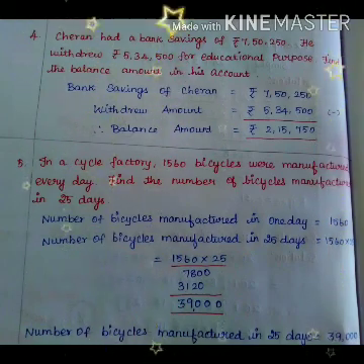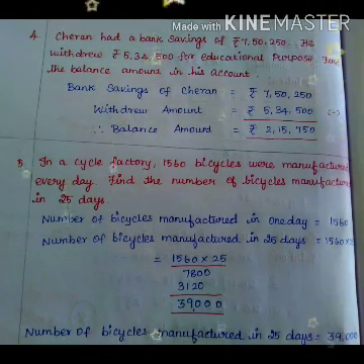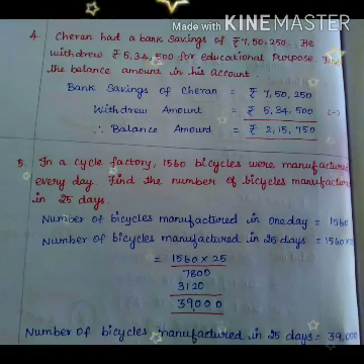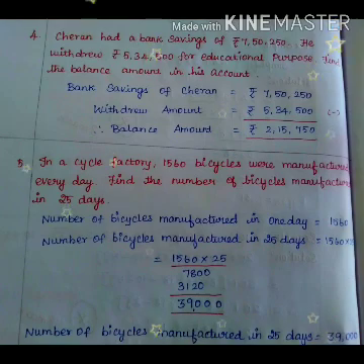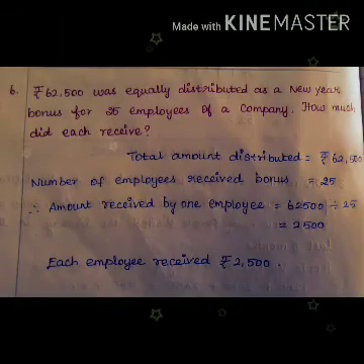Number of bicycles manufactured in 25 days is 39,000. One day 1,560 bicycles they manufactured. They are asking for 25 days. 25 days means how many bicycles? 39,000 bicycles.